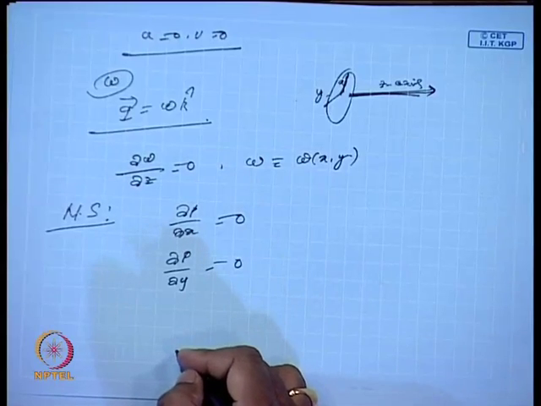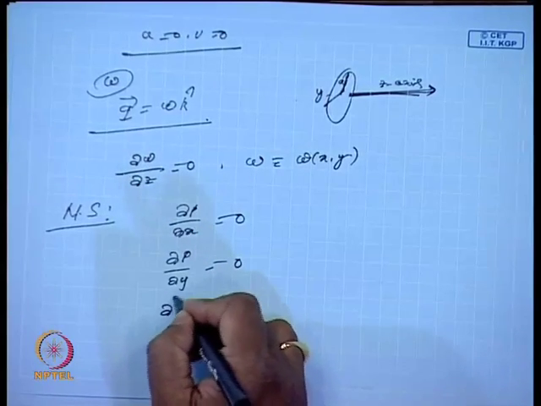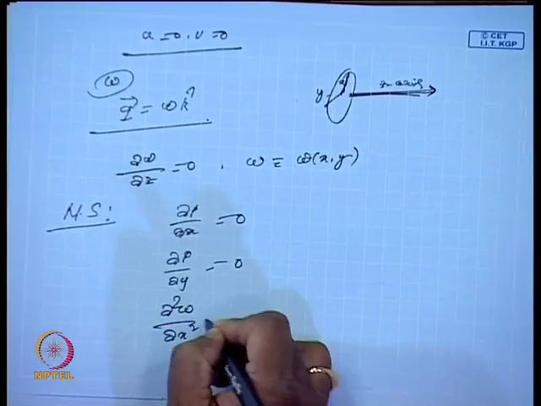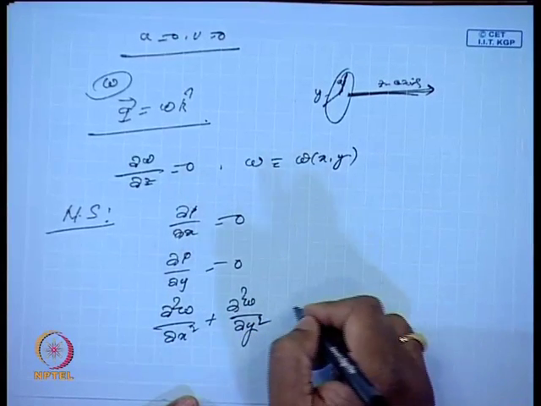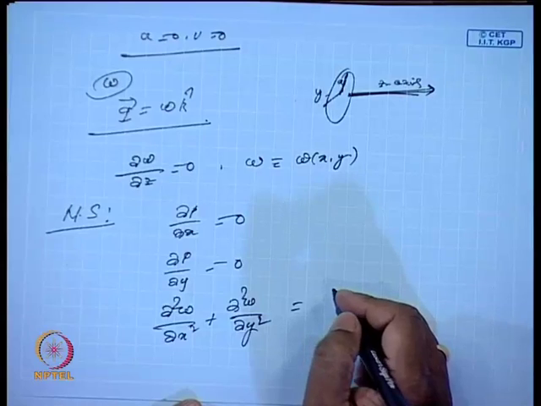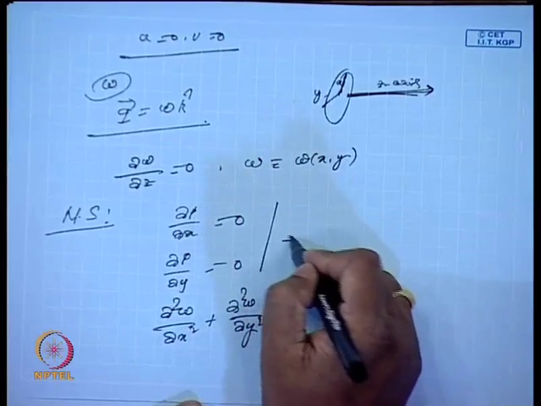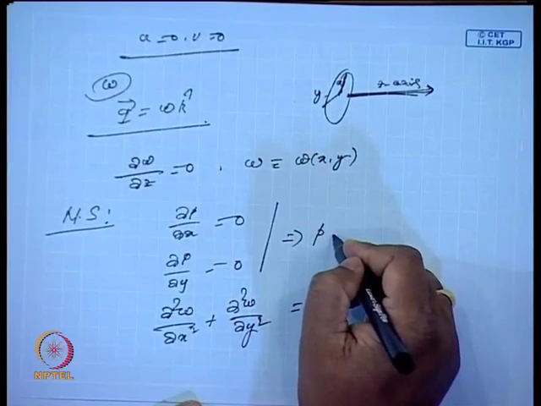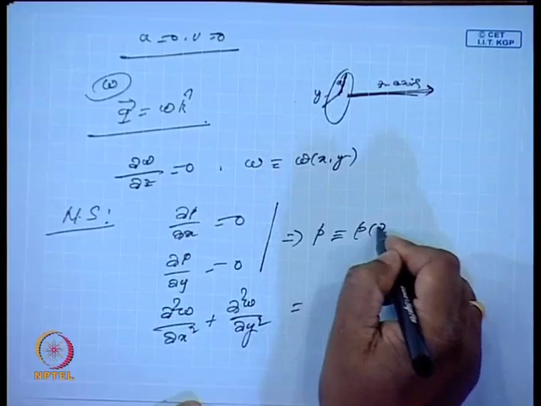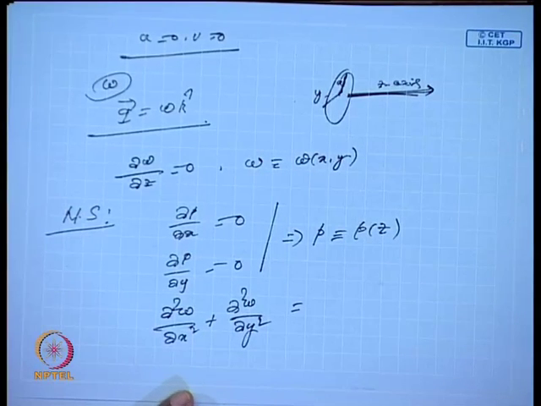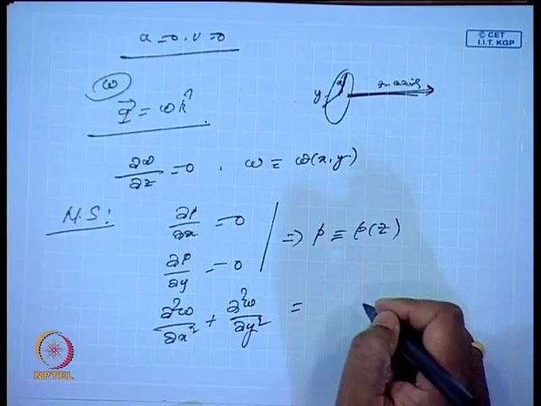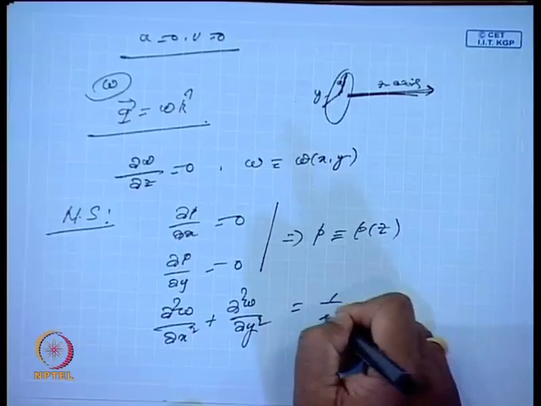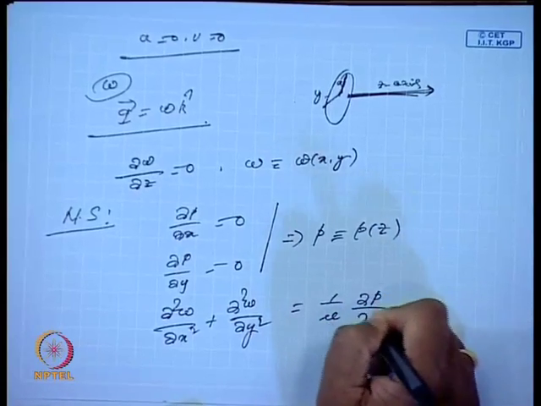This gives p as a function of z only, and then the z component of velocity gives me del square w by del x square plus del square w by del y square equals 1 by mu del p by del z.